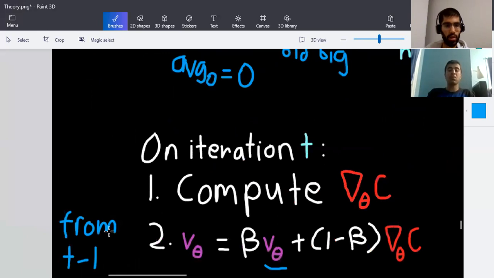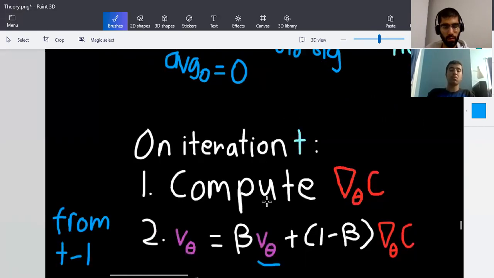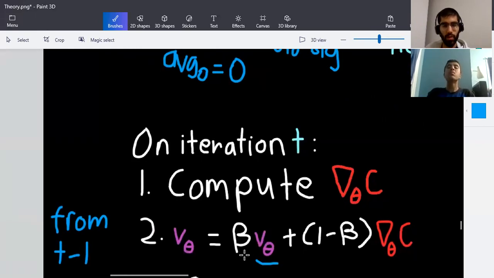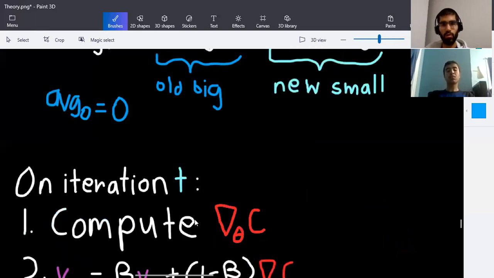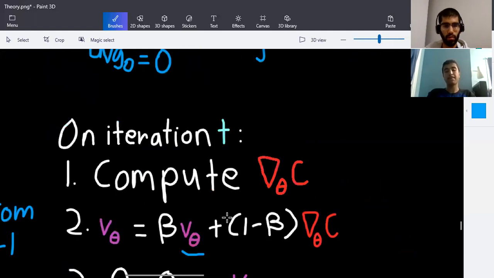So this is iteration t, this is t minus 1. Again, we initialize v0 as 0. We're going to multiply it by beta, which is almost equal to 1. And then we're going to add this new derivative.